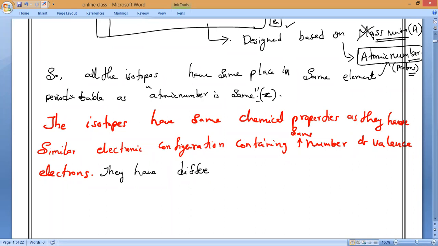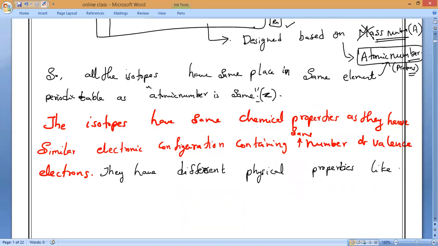What do you mean by physical properties? Any one example of physical properties? Abhirami, Dakshri, any one example? Gokul, Akilan, any physical property? What you studied?